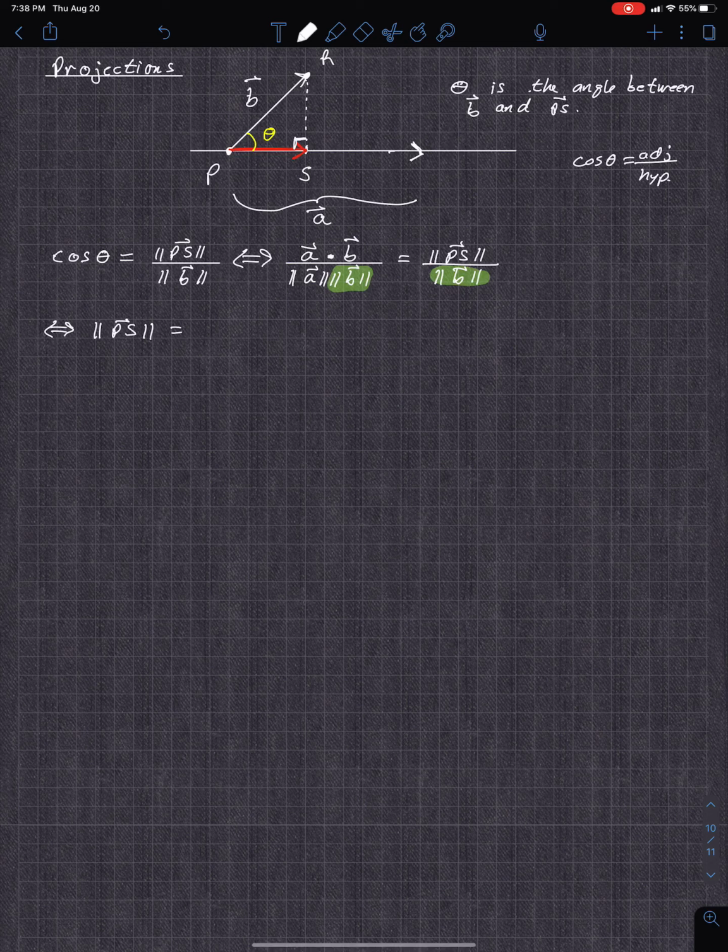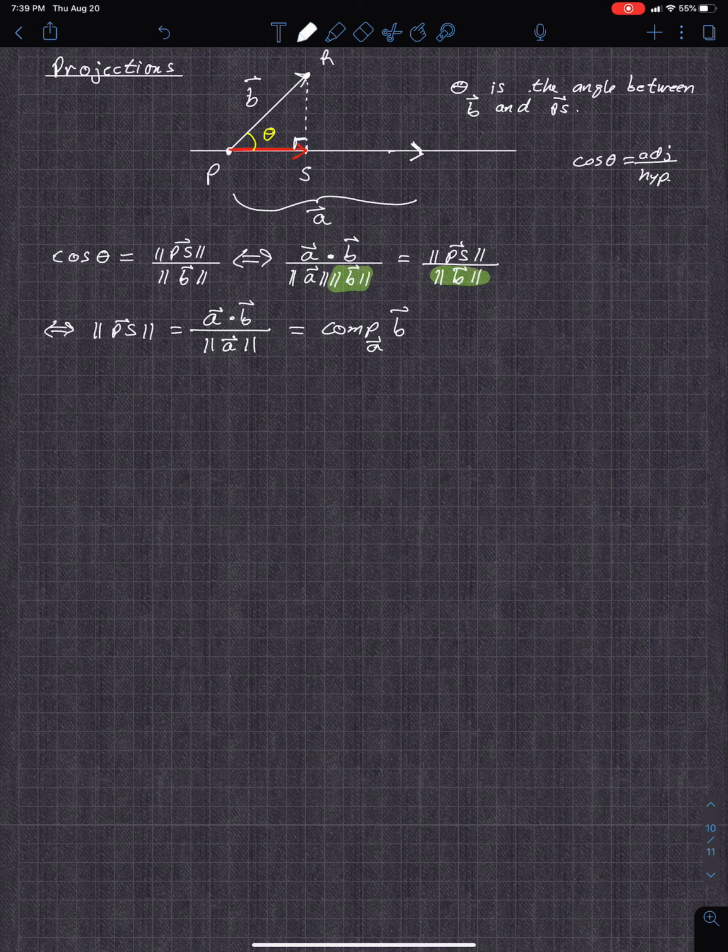So magnitude PS is equal to A dot B over magnitude A. And that is defined to be the component of B in the direction of A, right? You're projecting this down to A. So that's a scalar.